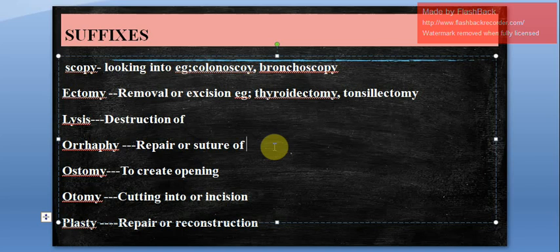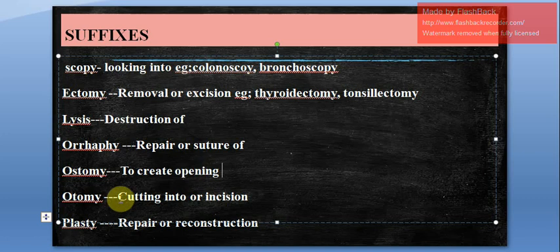Orraphy refers to repair or suture. Next one is ostomy. Now, ostomy refers to creating an opening. We have colostomy, jejunostomy, such things. Ostomy means creating an opening.